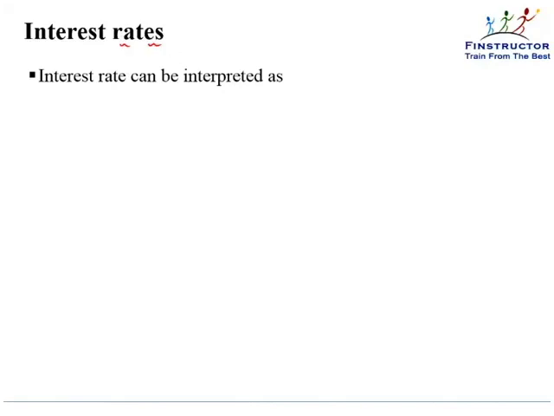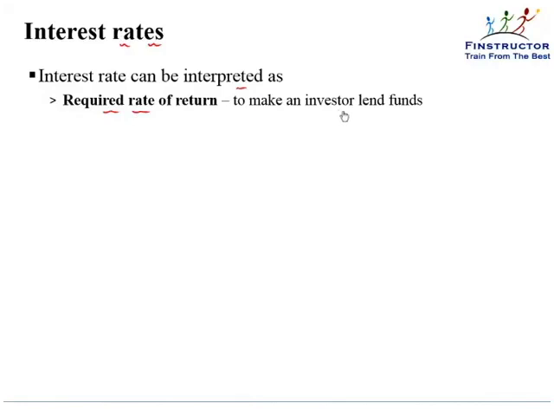Now the curriculum gives us various interpretations of interest rates. The first is that the rate of interest is the minimum required rate that we need to offer an investor so that he lends his funds. To explain this concept a little better, let's assume you had $100 and you wanted to deposit that money in a bank.